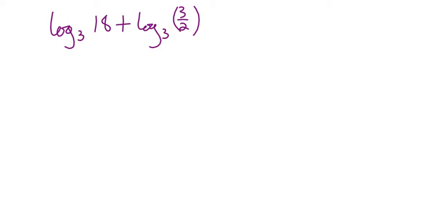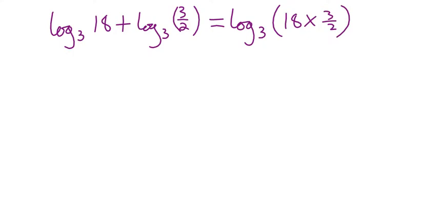Okay, I'm adding, so what do I do? Multiply, right? So it'd be 18 times 3 halves. 18 times 3 halves is 27. And the log base 3 of 27 is 3, right? We've done that one 100 times now. Okay. So you're going to get to know some of these pretty well, right?